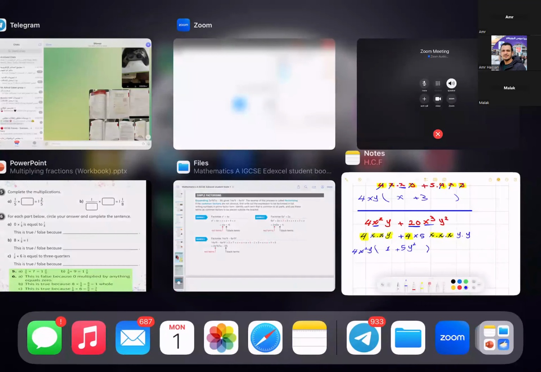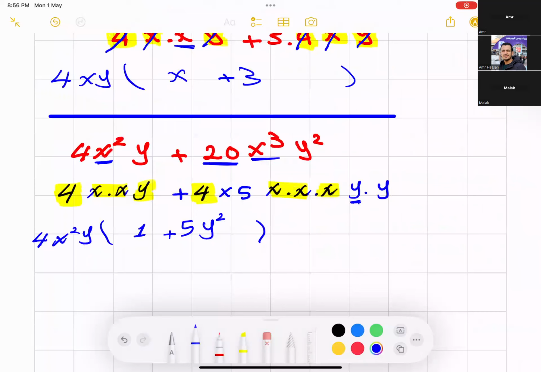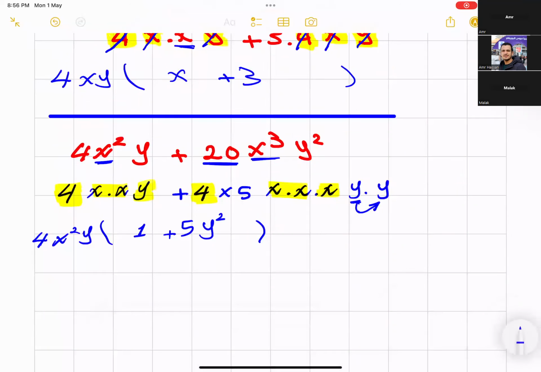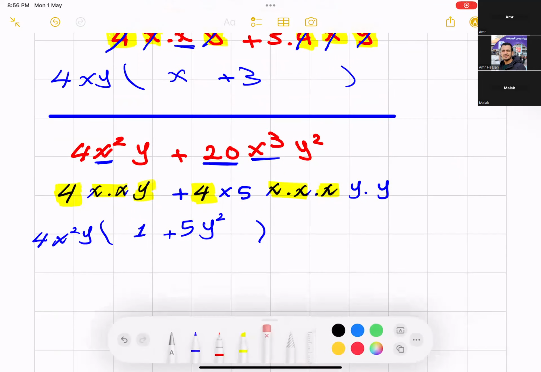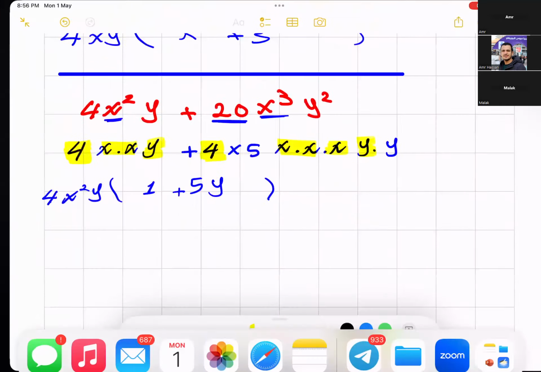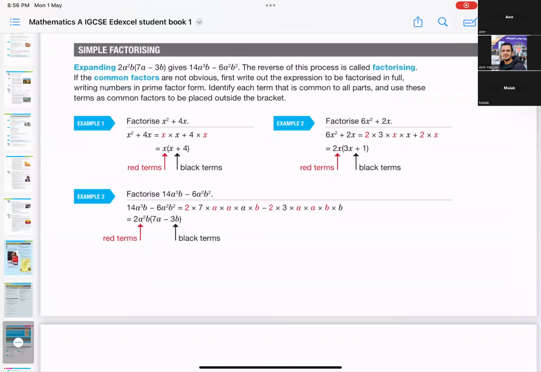Why is it y²? No, you're right. Just y, not y², because it cancels here. I missed highlighting it. Yeah, you're right. Perfect.